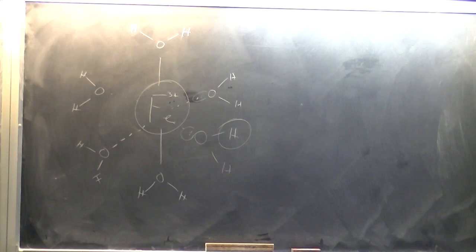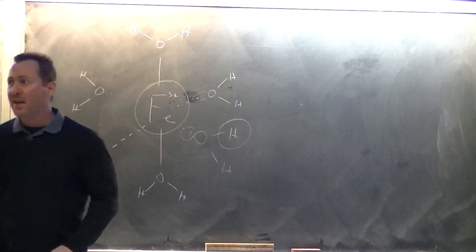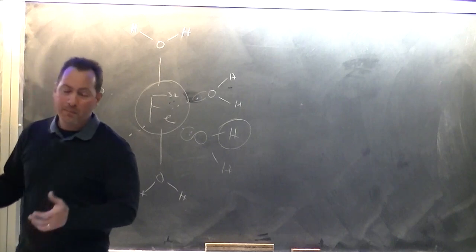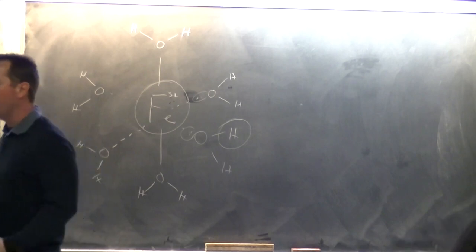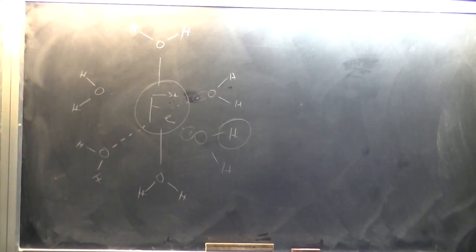The second kind of acid is what we call hydroxo acid. Hydroxo acids are interesting, and they're based on aqua acids, but in this case, the proton is transferred not from a water molecule, but from a hydroxyl one.